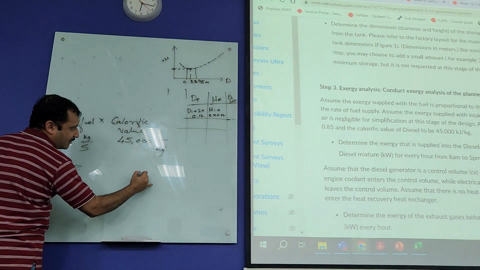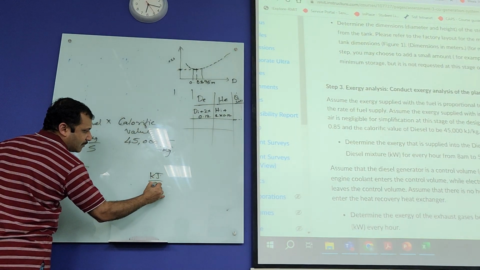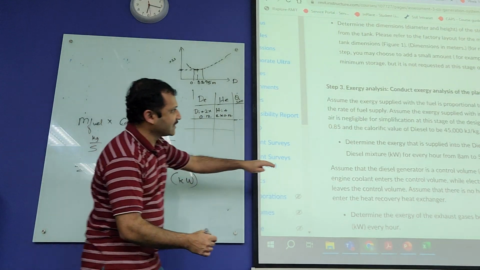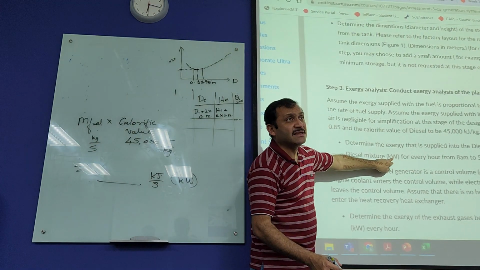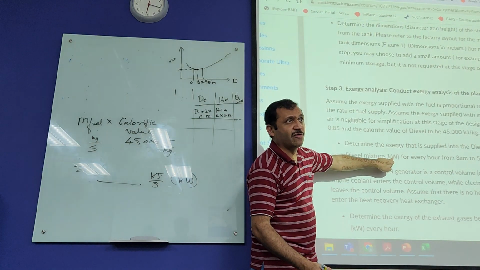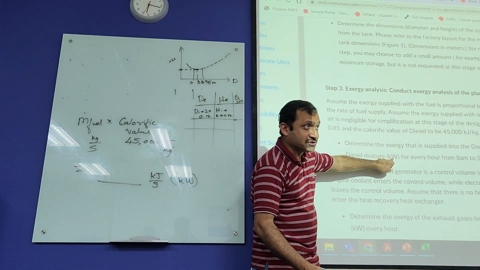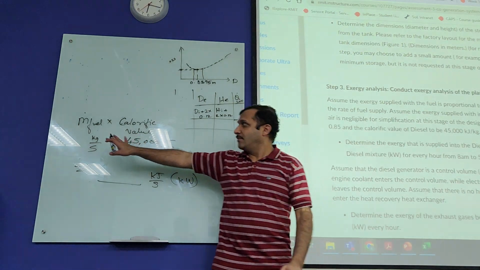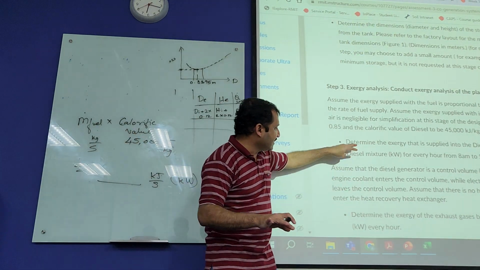Whatever number you get will be kilojoules per second, which is nothing but kilowatts. And that's what it's asking: find the exergy of diesel assuming 100% combustion in kilowatts. Simple, just multiplication of mass flow rate times calorific value. So that's dot point 1.